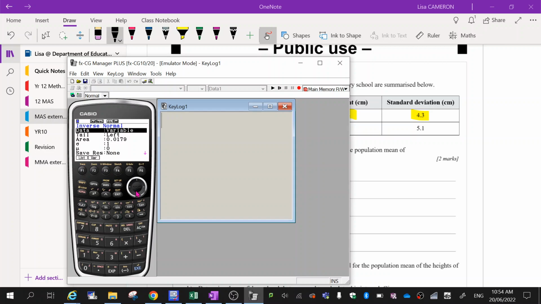Now, our tail needs to be central for z-scores. And the area we're looking for is the confidence interval that it's asked us for. So here it's asked us for 95, so 0.95.